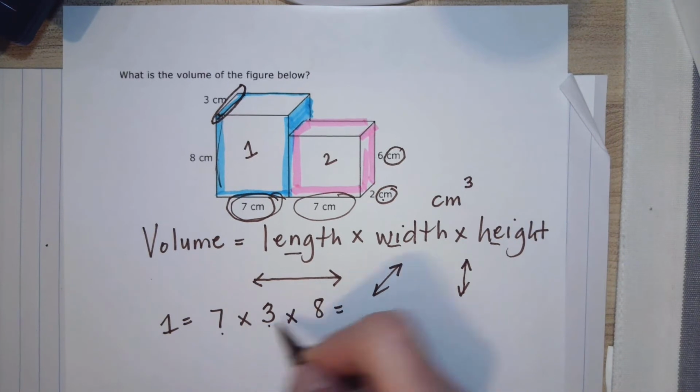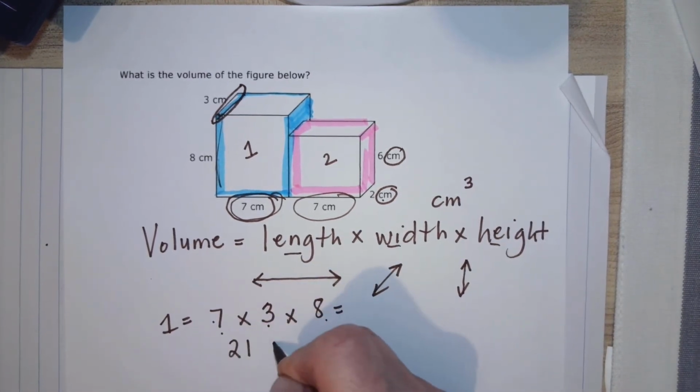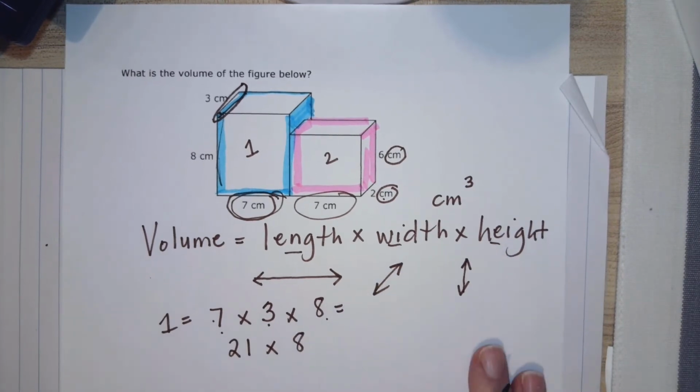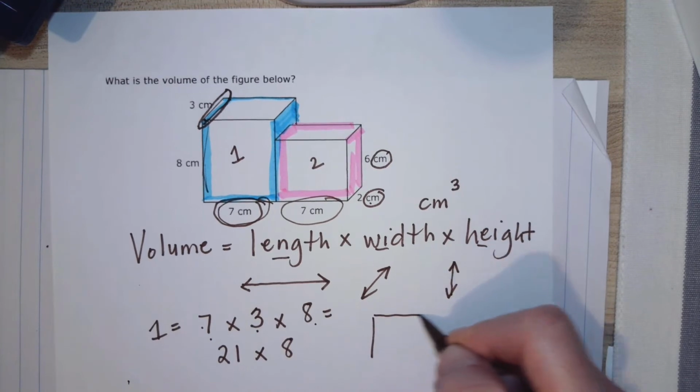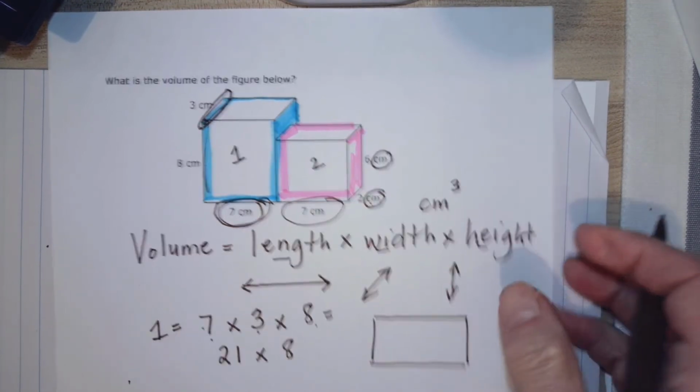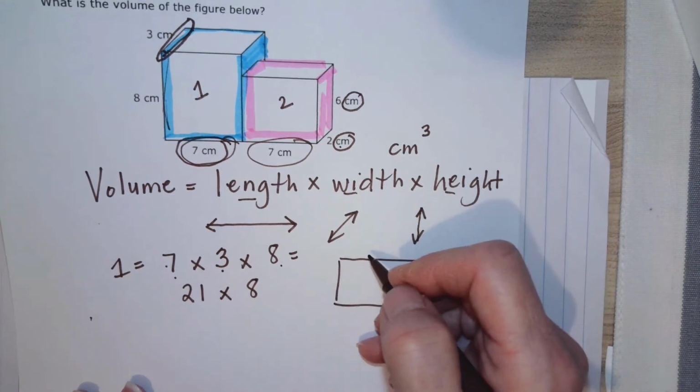So I have to do 7 times 3 times 8. Well, I can do 7 times 3 is 21 times 8. And then I can make my area model over here. 21 times 8.